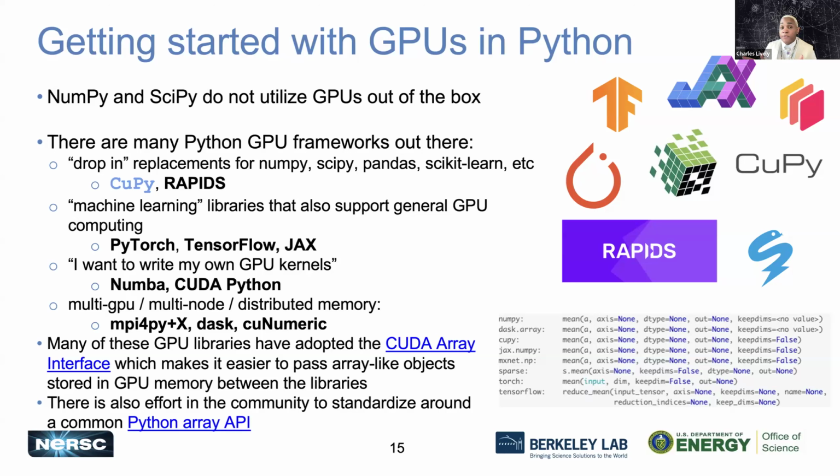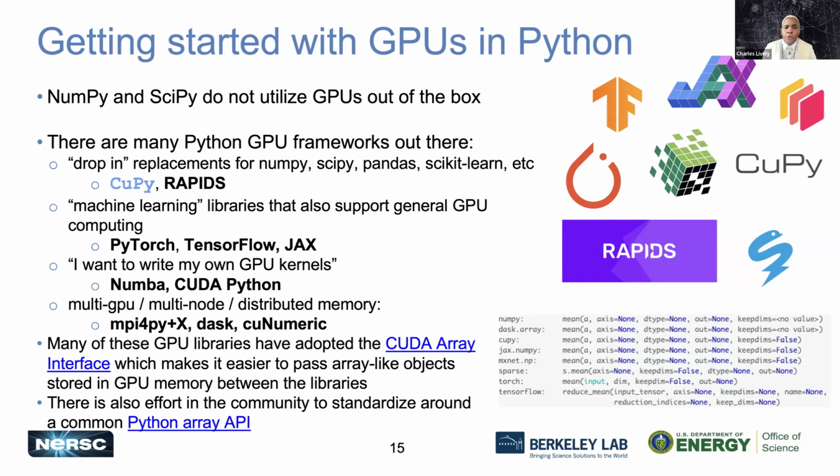Drop-in replacements for NumPy, SciPy, Pandas, and Scikit are available via CuPy as well as RAPIDS. We also have a number of machine learning libraries that support GPU computing, such as PyTorch, TensorFlow, and JAX. You can also write your own GPU kernels, using Numba or CUDA Python.